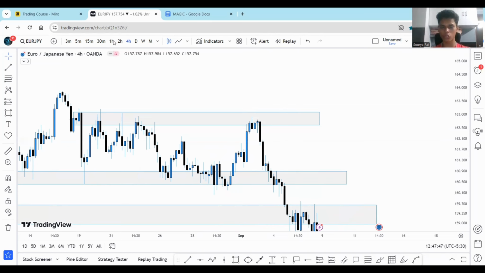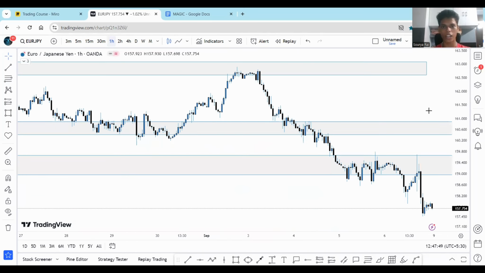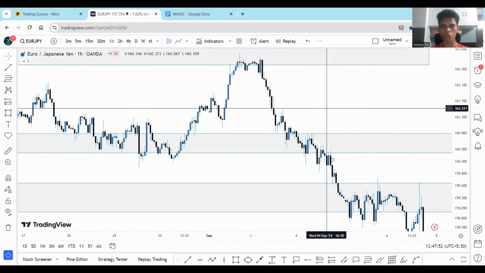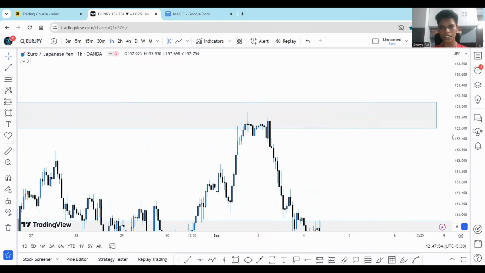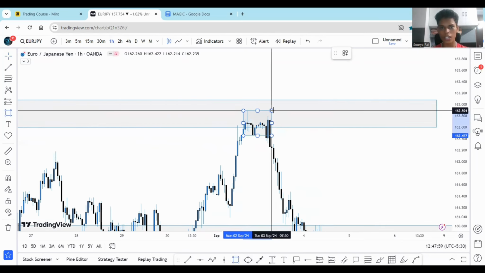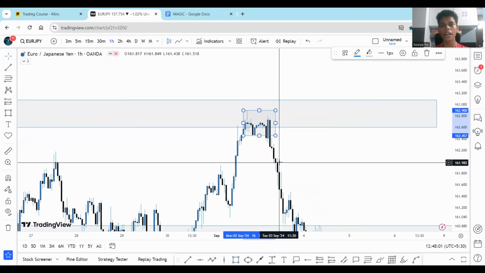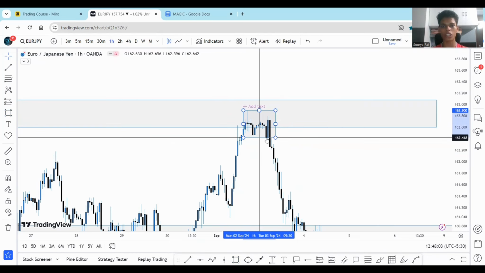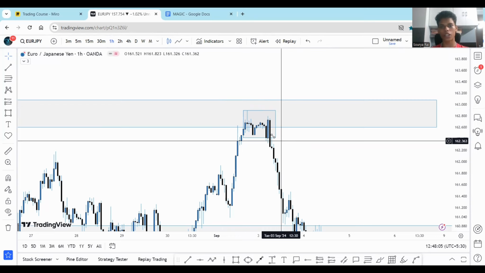Then we scale down to the 1 hourly to look for our entries. And if we scale down to the 1 hourly, what we can see is we got this consolidation over here where price was stuck in this range for quite some time. And then our entry, as we said, was at the break of the consolidation.